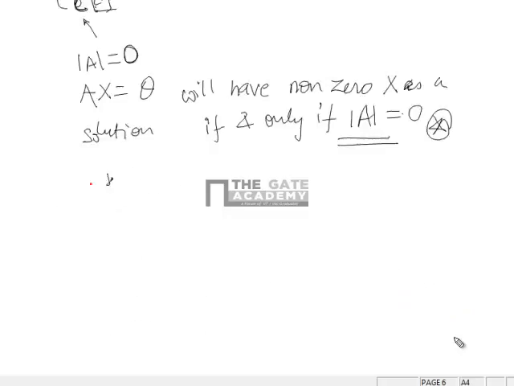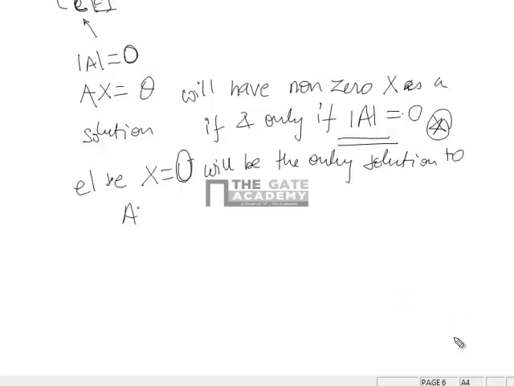Else X equal to 0 will be the only solution to AX equal to 0. X equal to 0 is called the trivial solution of the system.